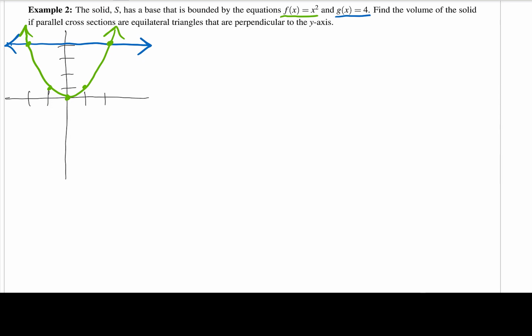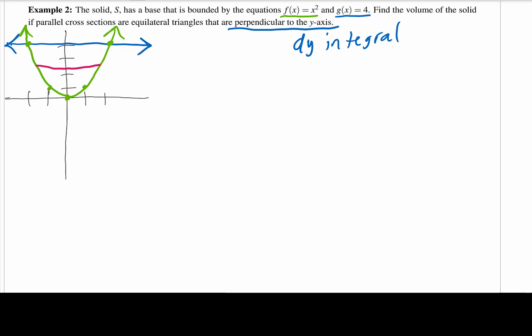Okay. So now the first thing we need to pay attention to is that our cross sections are perpendicular to the y-axis, which means this should be a dy integral. Okay. Now let's see what one of these would look like.